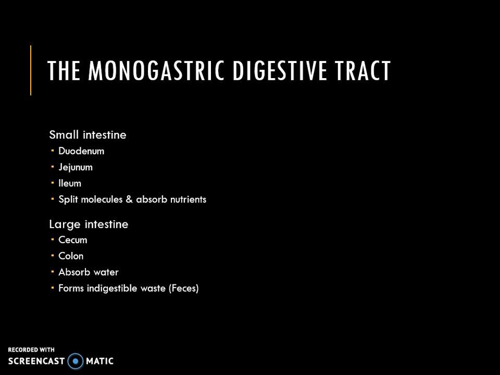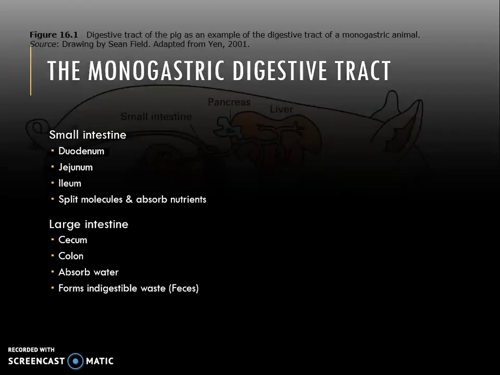Then the large intestine contains the cecum and the colon, and its main function is to absorb, or what we call resorb, water. It won't resorb all of it, obviously, but we take out most of the water at that point in time and then form the indigestible waste, or the fecal material.